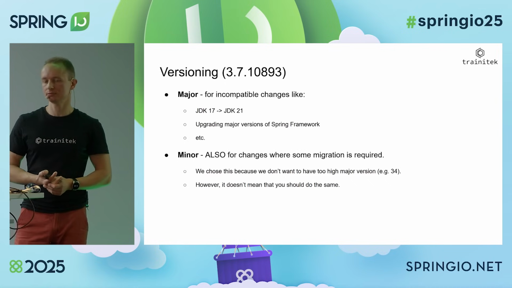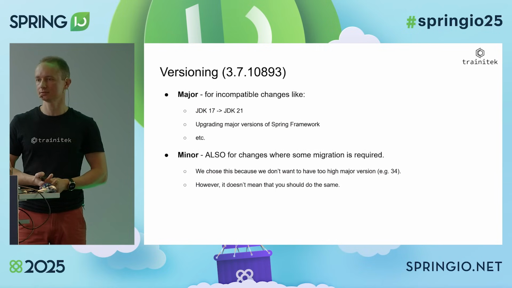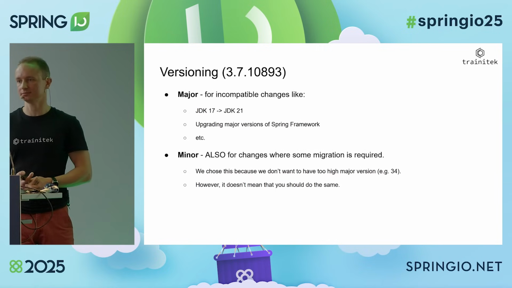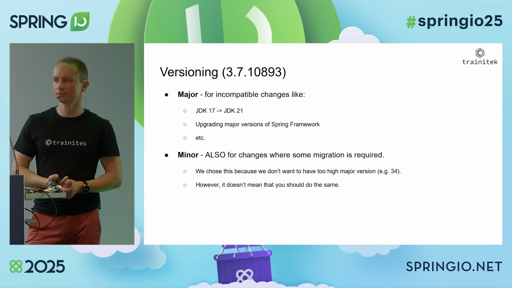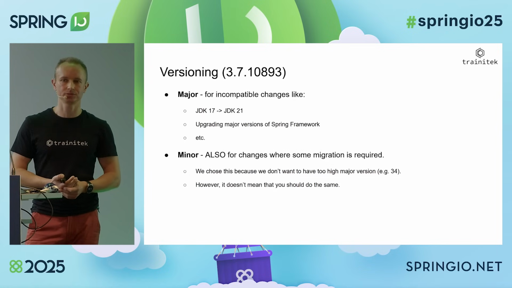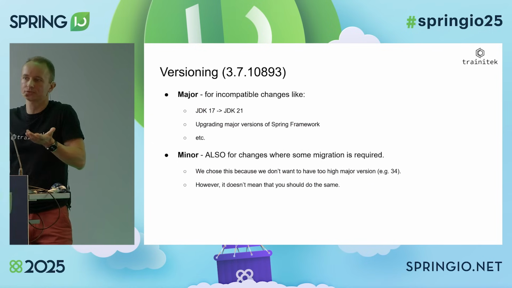Otherwise we would have a very high major version, like a Java Libs version 30, for example, which looks a bit weird. So sometimes we use minor versions where a little migration is required, and we are fine with that. It doesn't mean that you should do the same, but it works for us.